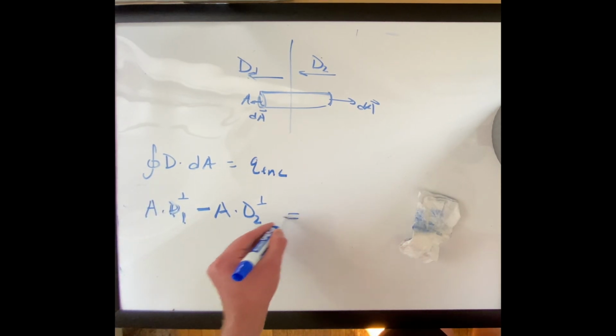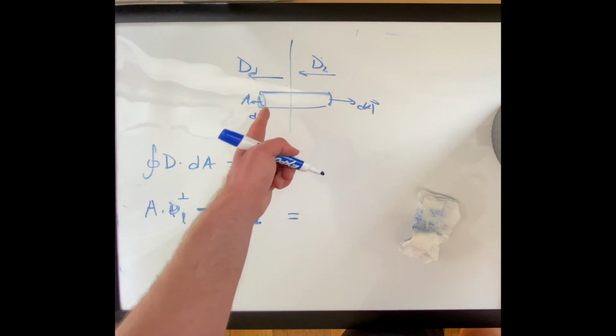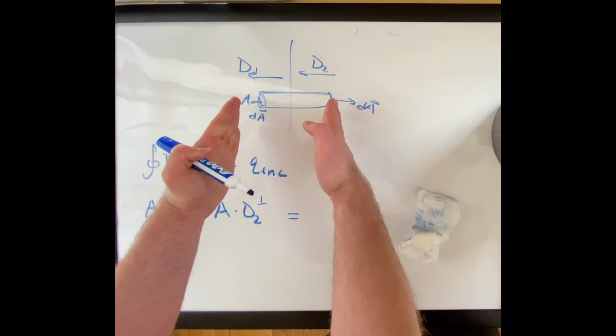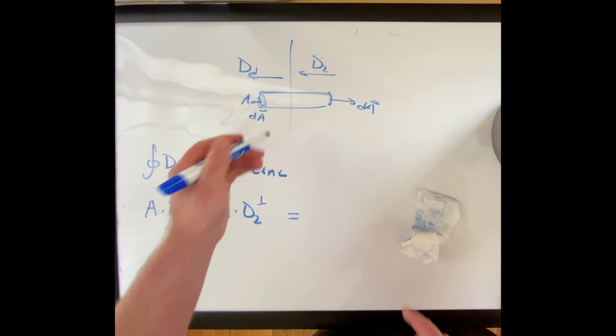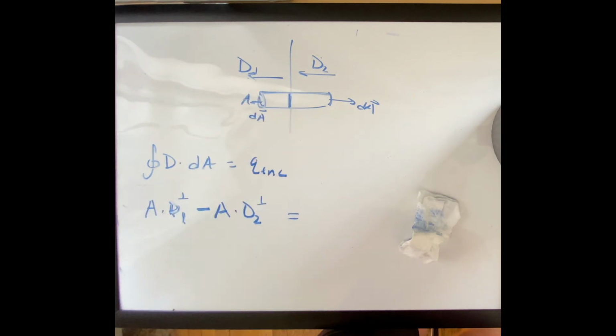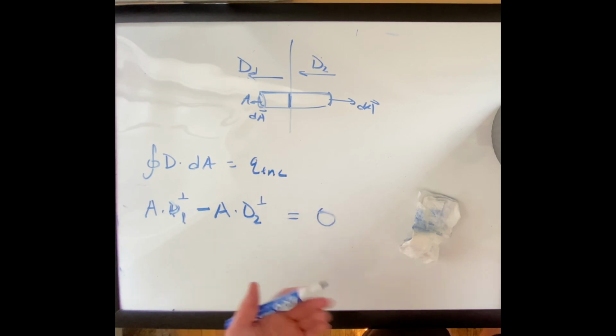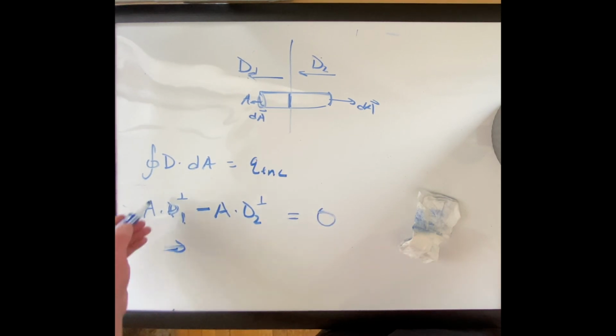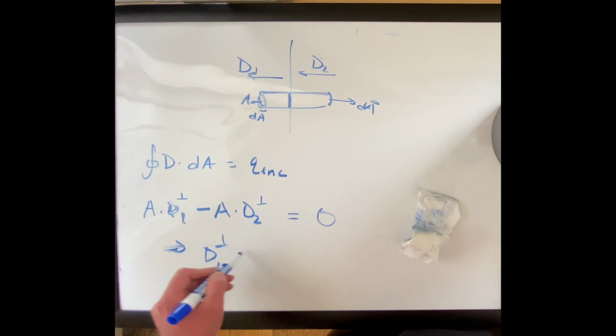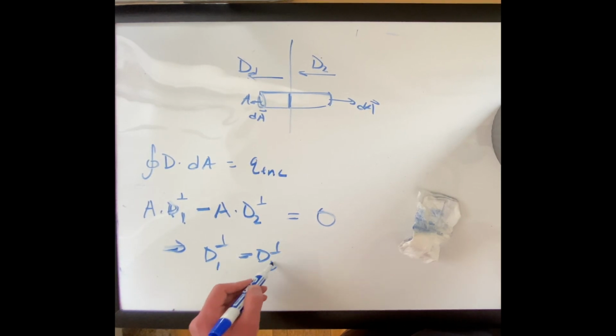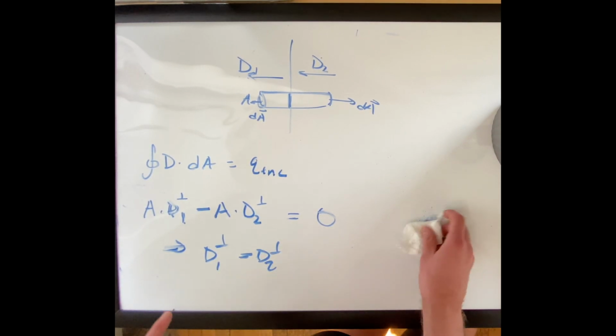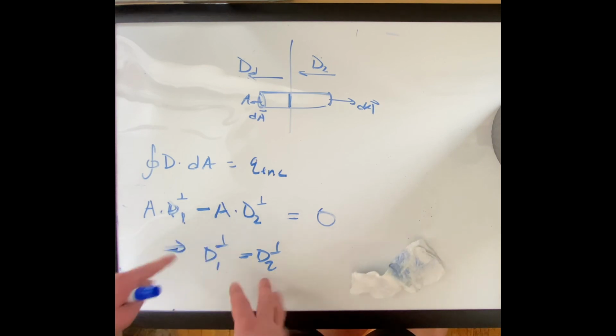And this is going to be equal, now what's the charge enclosed by this region? Right, we can even take this to be 0 if we want. It would just say, what is the charge on the surface, right? Well, you might think, we just say 0, and then we cancel the A's, and we get D1 normal equals D2 normal, okay? Now that is basically true. That's fine. That's what we say. This is just fine.